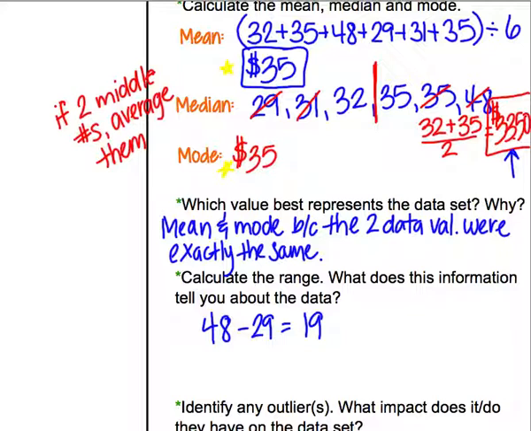Now, one thing I will say is, in context, 19 represents money. A difference of $19 on a bill is a lot. So I would mark down that this has a relatively large spread, and I'm saying relative because 19 doesn't sound like a lot.